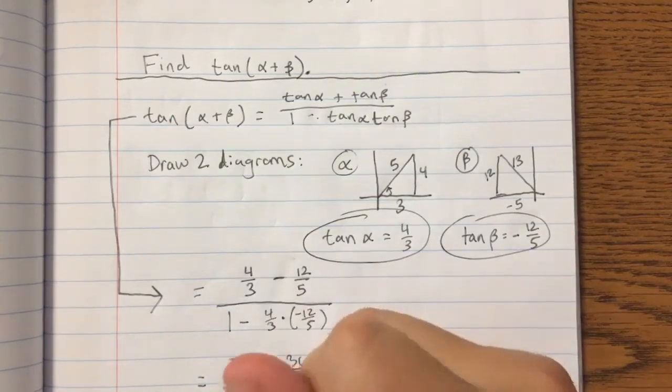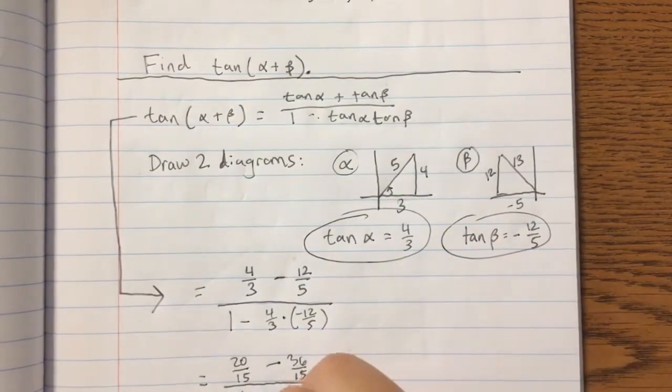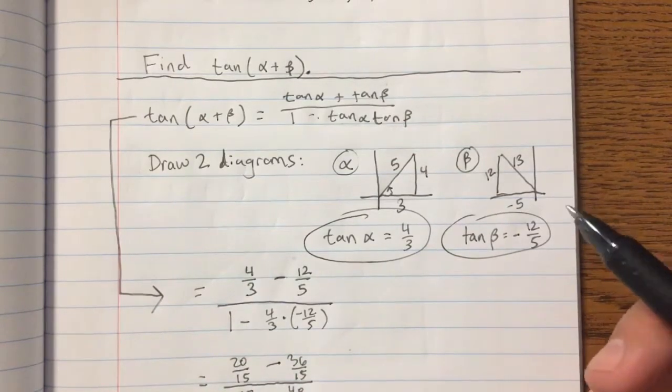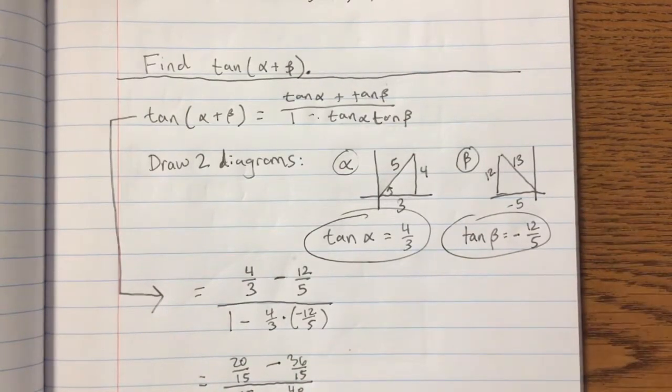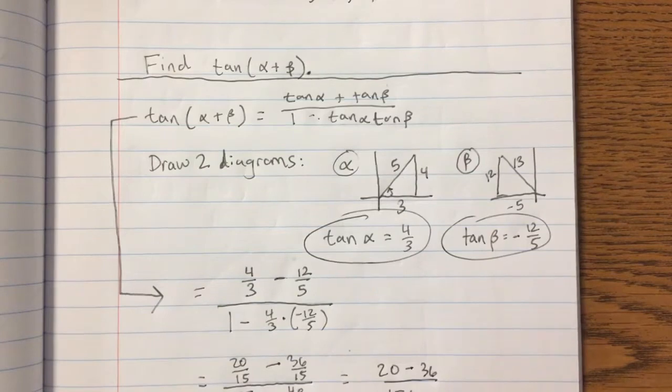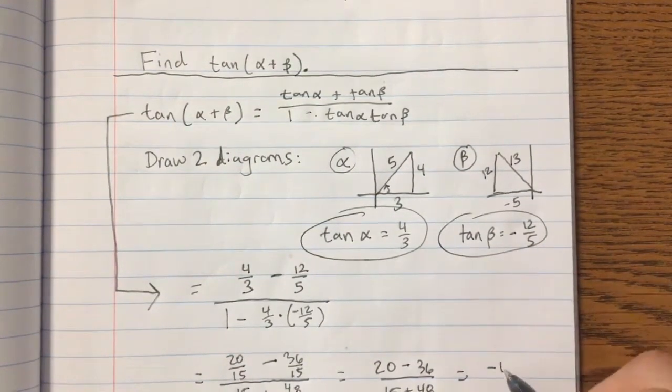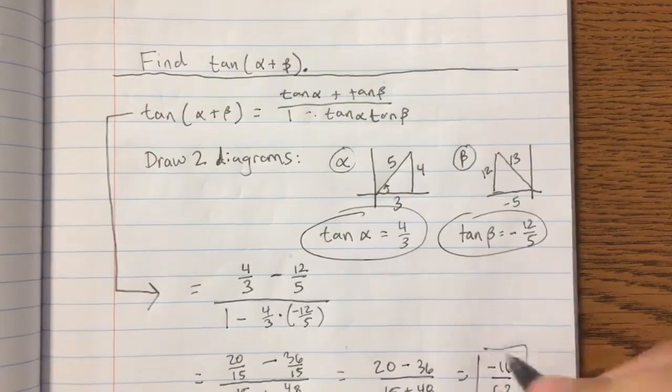Yeah, 15/15. And what's nice here is that every single term has a denominator of 15, so we could just multiply by 15/15 and cancel out all those denominators. So this will really just be 20 minus 36 over 15 plus 48. And for lack of time, I'll just tell you what that equals. Negative 16/63. Yep, there you go.